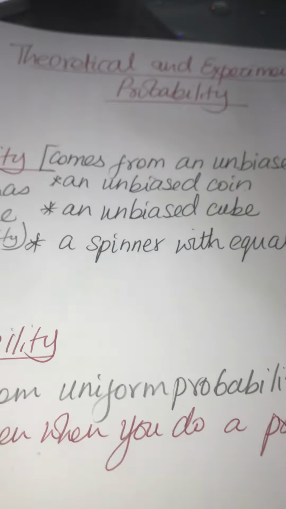You have 2 wins and you have 2 losses. Also, this green space is the same as the yellow space, which is also the same as the blue space and the same as the purple space. But when you come here, this is not equal. You have a small area of winning and a big area of losing. So this is biased, this is unbiased, okay? Biased because the parts are not the same, unbiased because the parts are the same.